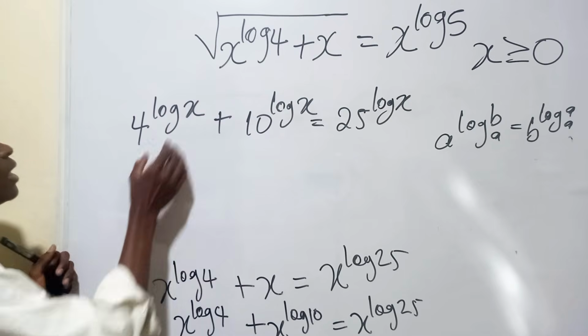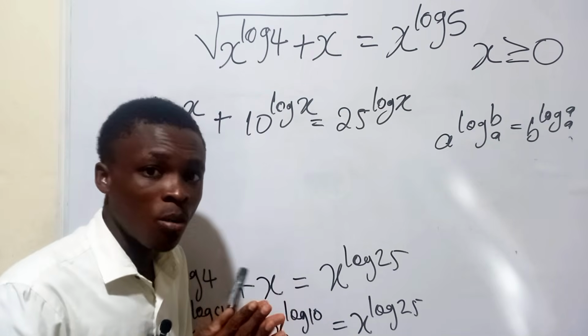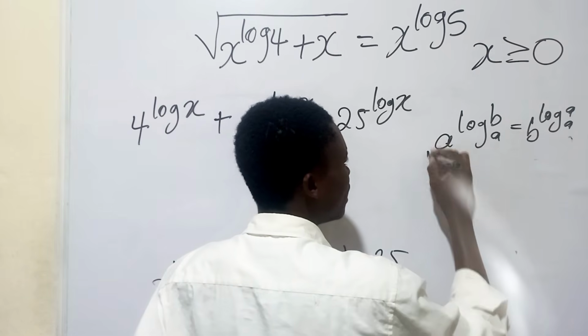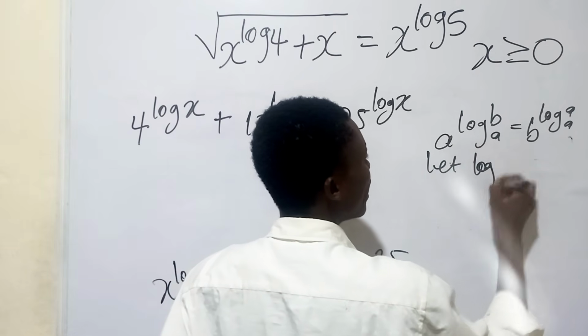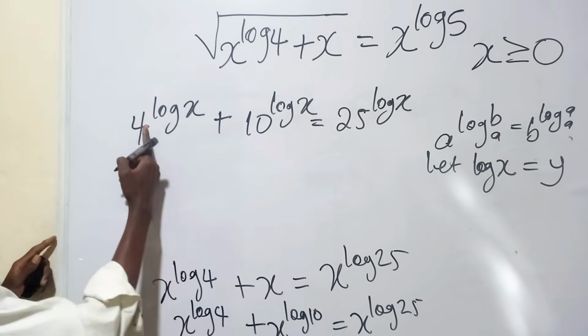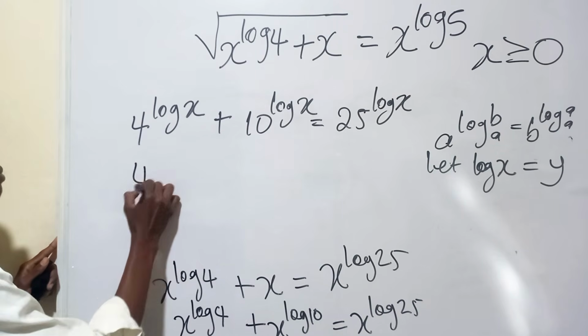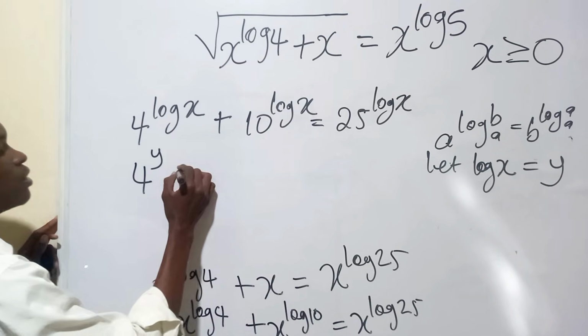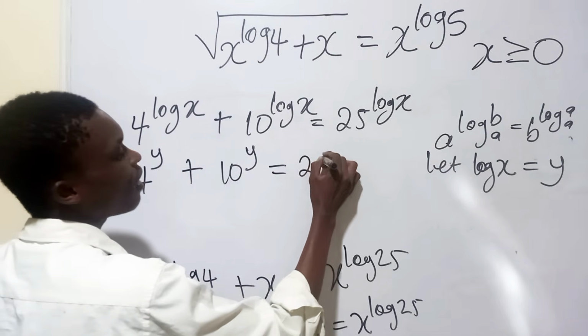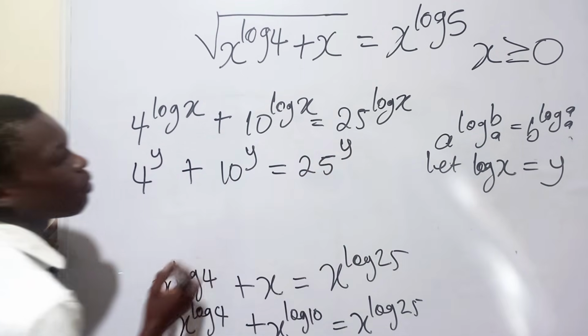All right, so clearly log x is common. We'll make a substitution by saying let log x equal a letter y. So wherever we see log x, we put the variable y. So 4 to power y plus 10 to power y equals 25 to power y.